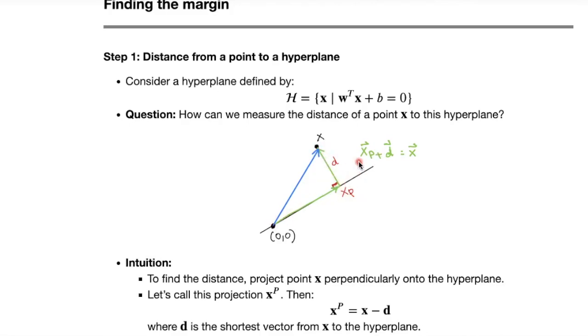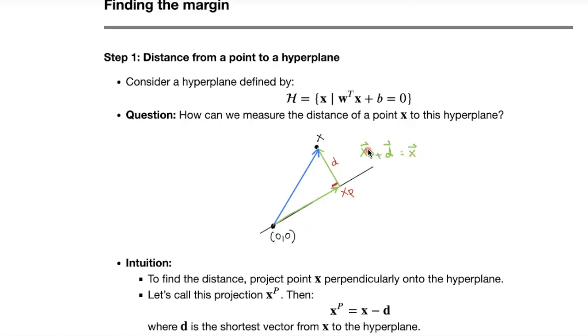And we can use a very simple identity here: xp, so from origin to this point xp, that's a vector, plus d, that perpendicular part that connects x to its projection, is equal to this point or vector from 0 to x. So xp plus d equals x.